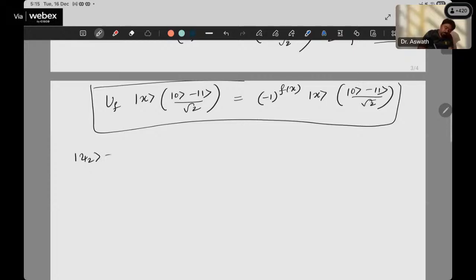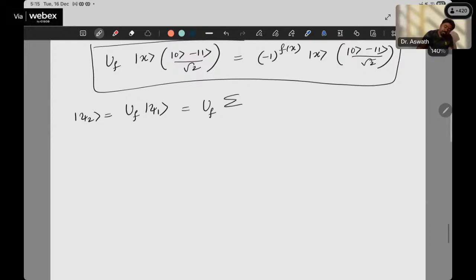What is psi 2? Psi 2 is the unitary action on psi 1. By the way, what is psi 1? Psi 1 is the summation over all x belonging to 0 cat comma 1 cat to the tensor n, x cat divided by square root of 2 to the power of n, times 0 cat minus 1 cat divided by square root of 2.